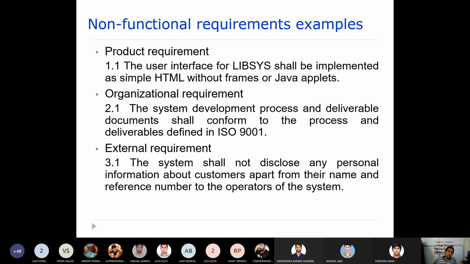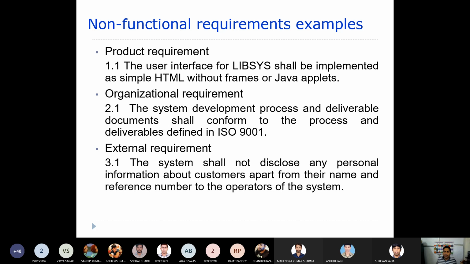That means the process should have followed an ISO standard, and when the process follows a standard, similarly the documents also follow it. Now the external requirement is something like this: the system shall not disclose any personal information about a customer, from the name to the reference number, to the operators of the system.